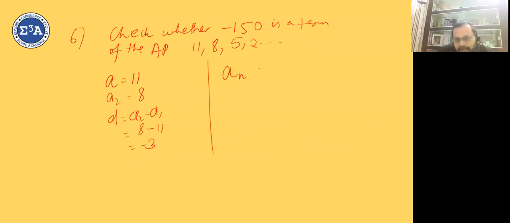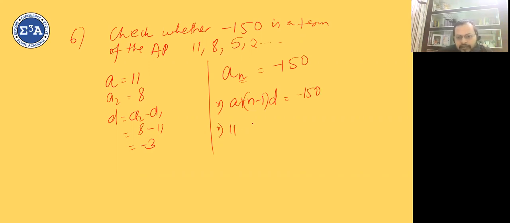Let us assume it is one of the elements of the AP, AN, and let us try to solve. If we are getting n, then it is there. If we are not getting n properly, then we can conclude it is not a term of the AP. So A plus n minus 1 into D is equal to minus 150.